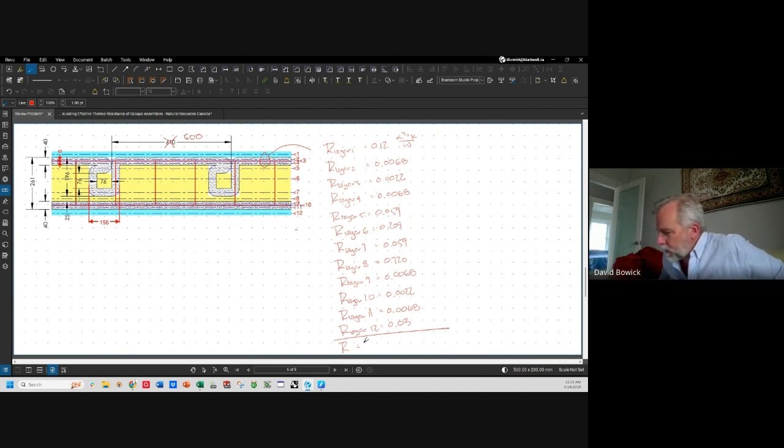Now we've calculated the R value for all our layers, and now we're going to add them up.